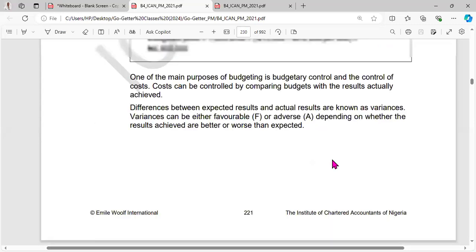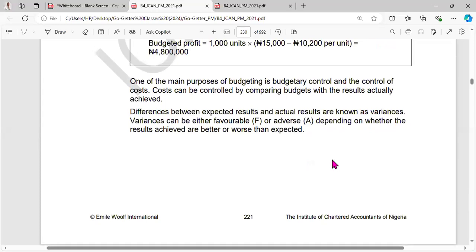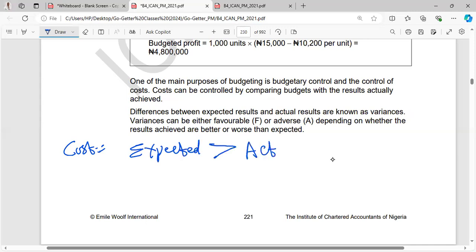If I'm looking at costs, if my expected is greater than my actual, that equals cost savings, which is favorable.